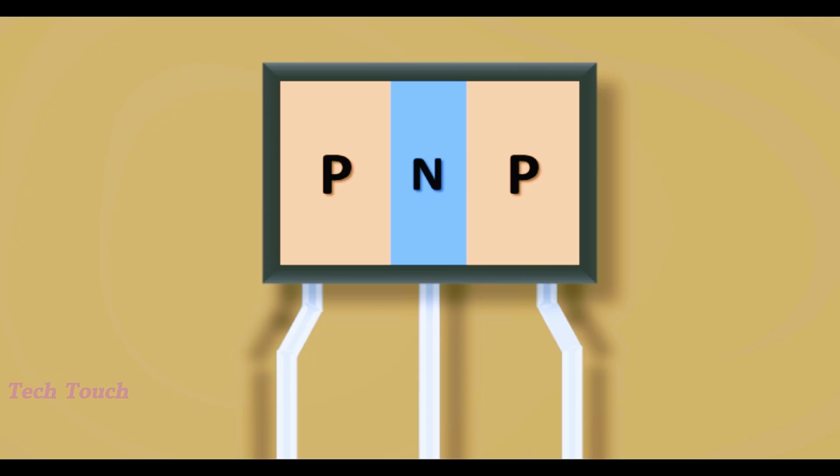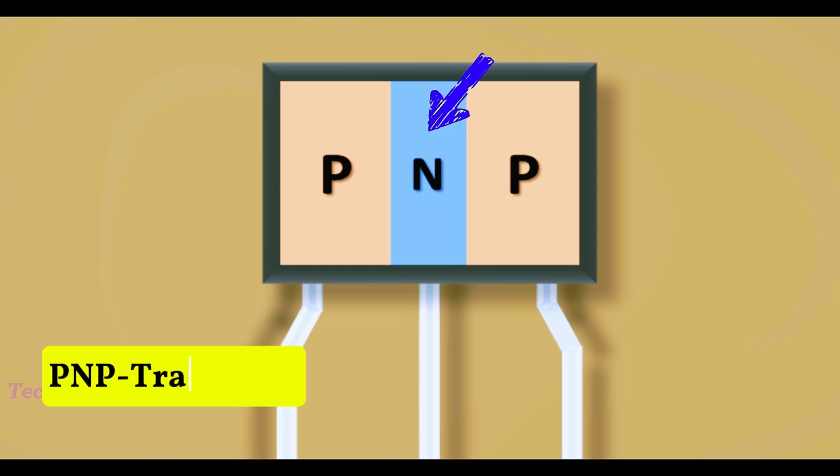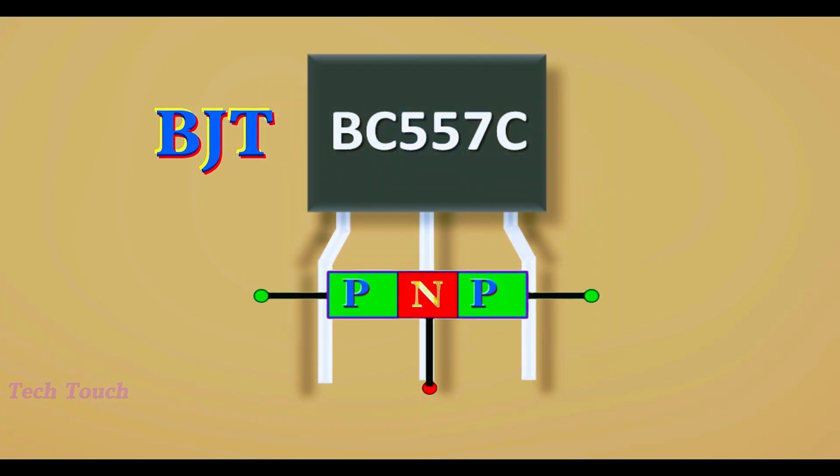Again, transistors that have P-type or positive semiconductors on both sides and N-type or negative semiconductors in the middle are called PNP transistors. In today's video, we will learn about how the BJT PNP BC557C transistor works.